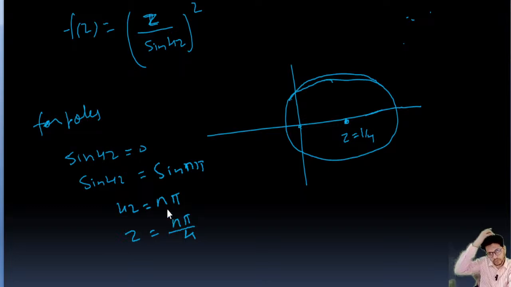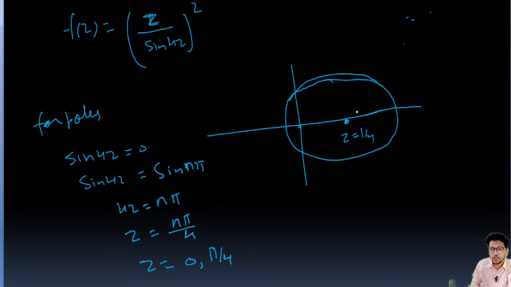So from here value of z equal to 0 and pi by 4. There would be other values as well, that is 2 pi by 4, that is going to be pi by 2, right?